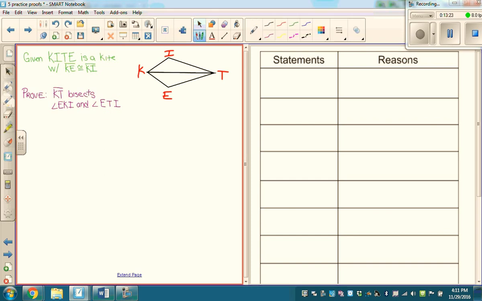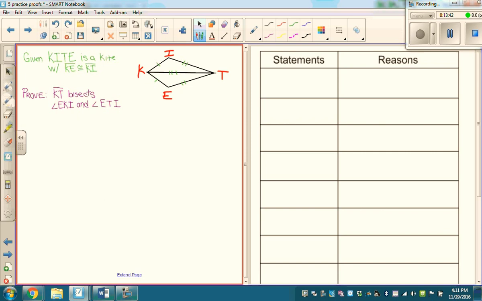KITE is a kite. And so we know kites have two pairs of congruent adjacent sides that are distinct. So in other words, KE and KI are congruent. But we also know, because it's a kite, that these would be congruent. And then we're going to use the same segment property.